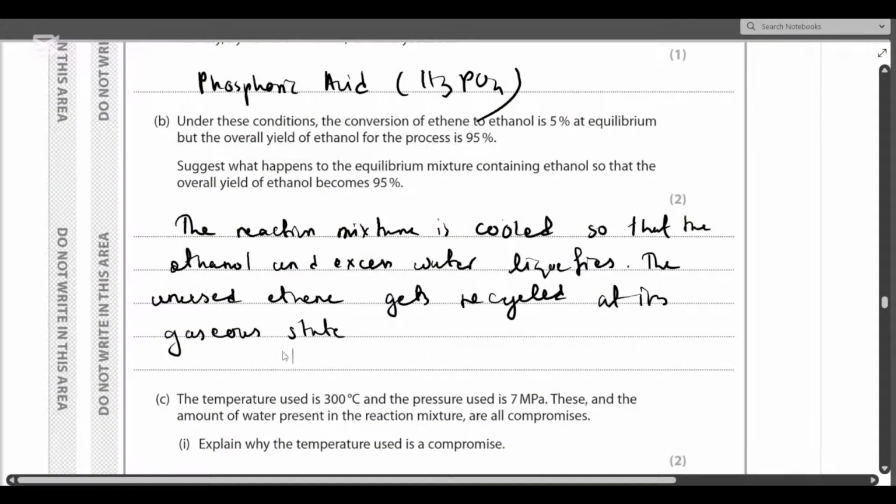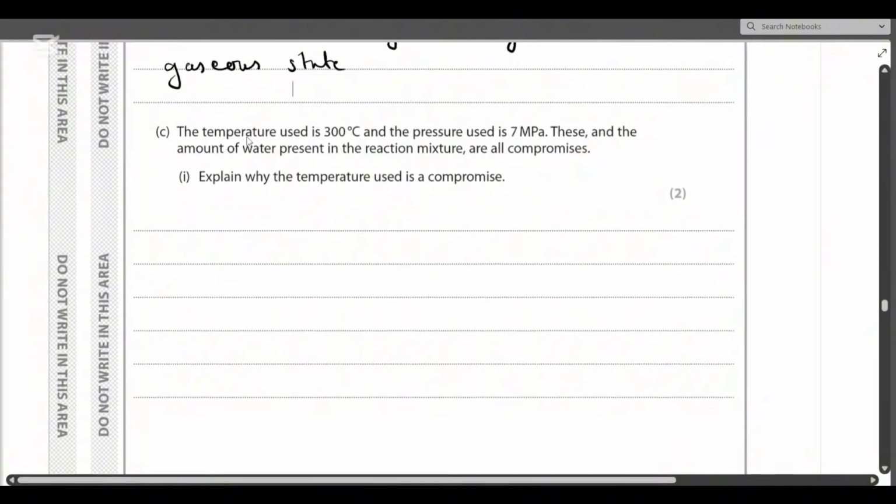This is what is going to happen. So the unused ethene is going to get recycled again into the equilibrium mixture in order to produce ethanol again. The temperature used is 300 degrees Celsius and the pressure is about 7 megapascal. The amount of water present in the reaction mixture are all compromises. Now explain why the temperature used is a compromise.